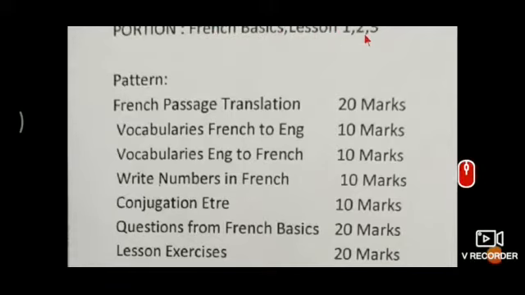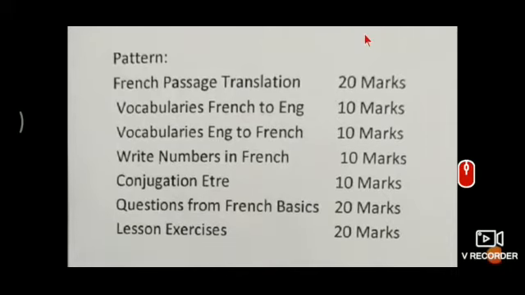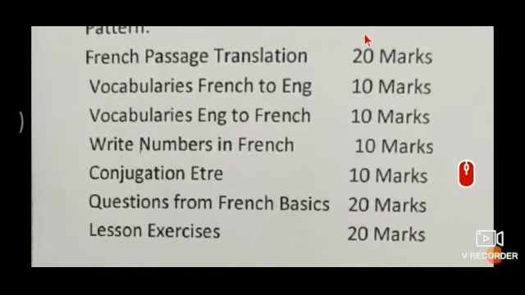Whatever you see in your vocabulary section in the French lesson, you will be able to understand. Each lesson has some 30 or 40 vocabularies, so those vocabularies we will learn. From today we will be learning one by one.